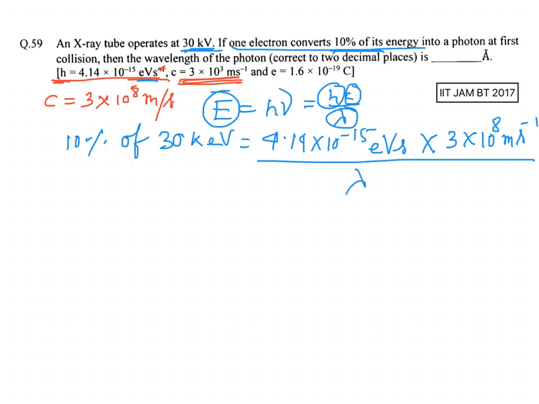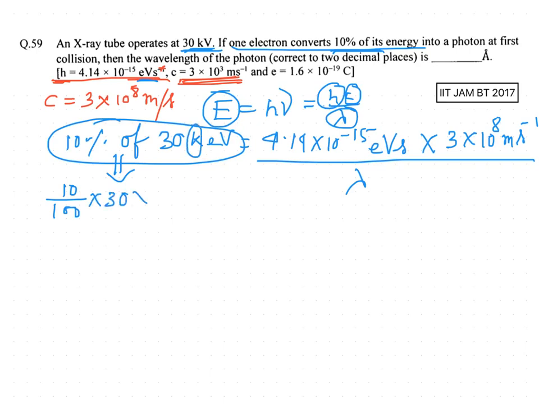So how much is 10% of 30 kilo electron volt? That means 10 by 100 times 30 kilo, that means 10 to the power 3 electron volt.